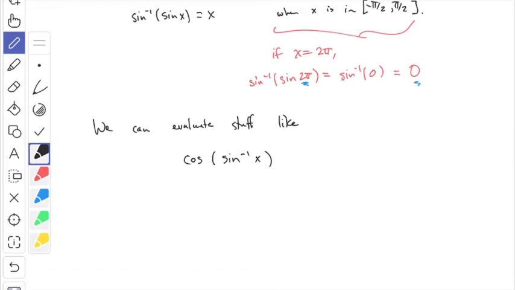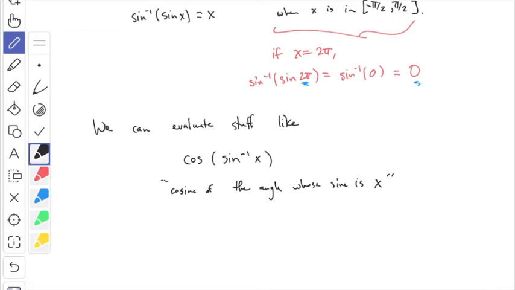This is a little weird, but it turns out to be useful. You know, the sine of the inverse sine of x is x. What about the cosine of the inverse sine of x? This means the cosine of the angle whose sine is x, right? That's what that means. How could we find this?